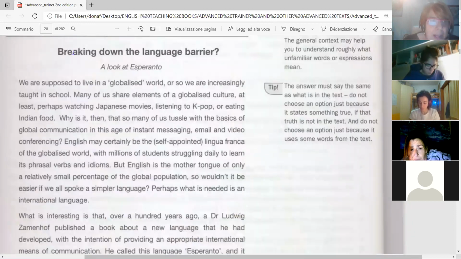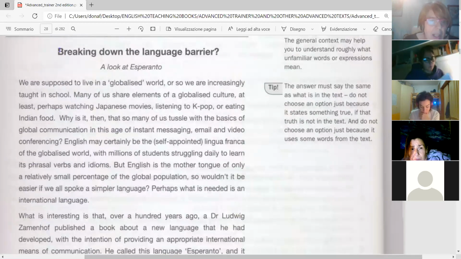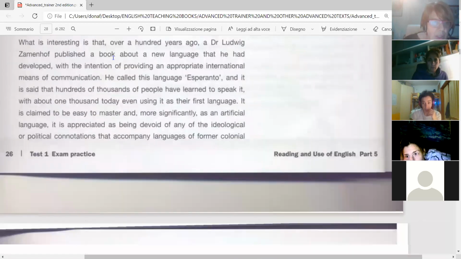So now if we are going to the exam practice, here we have the text that is just about Esperanto. So this is something that you can do by yourself, that you can read the whole text here, Breaking Down the Language Barrier. Of course, we have been through so many words that could help you in doing it.